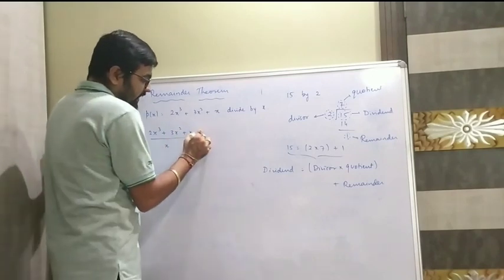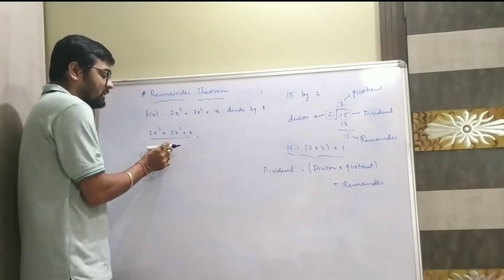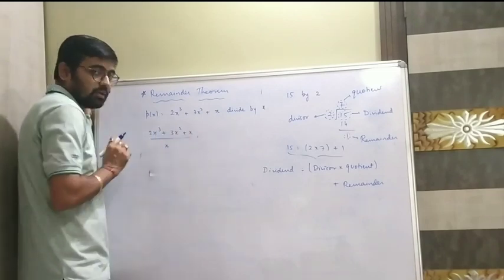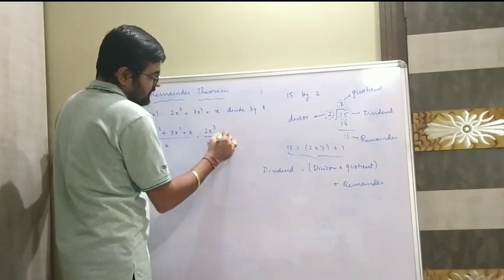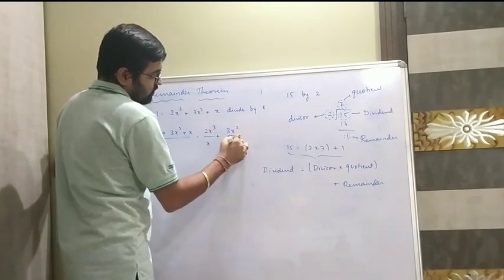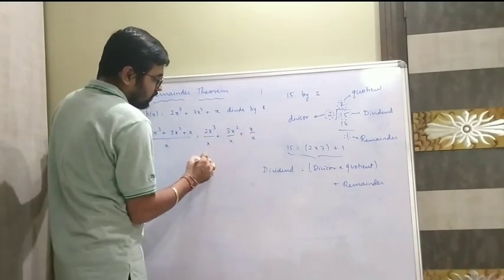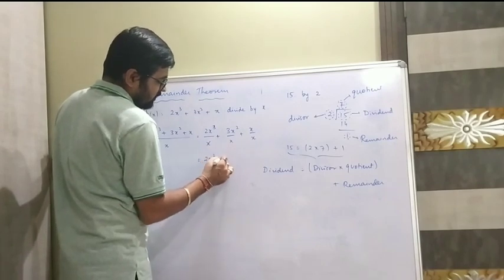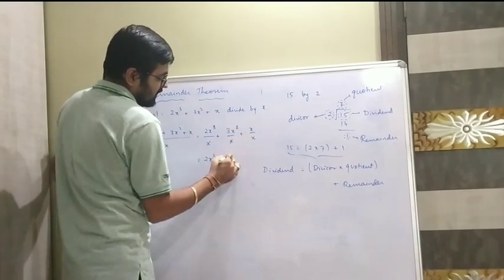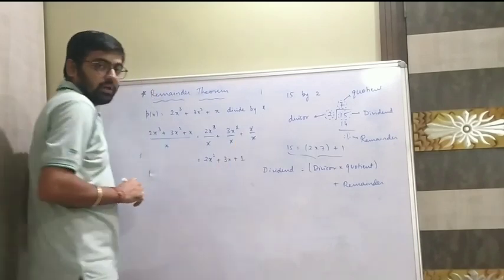Simple. And if I take a reverse LCM, it means we are going to divide this x into all three terms. It will look something like this: 2x cube by x, 3x square by x, and x by x. By doing so, x and x get cancelled, so I am left with 2x square. Then 3x, and x by x gets cancelled, 1.